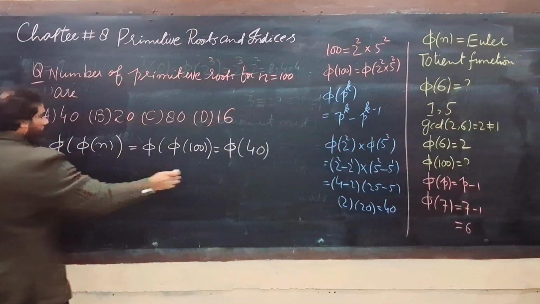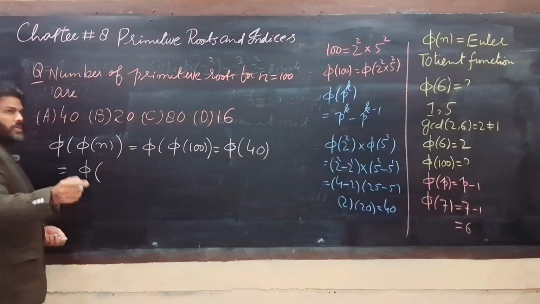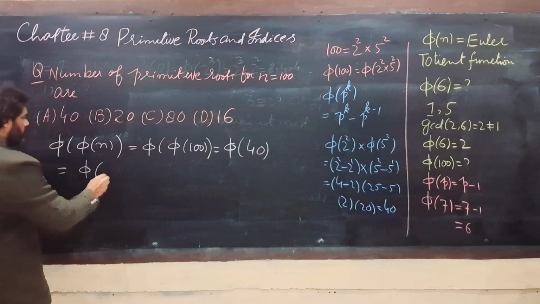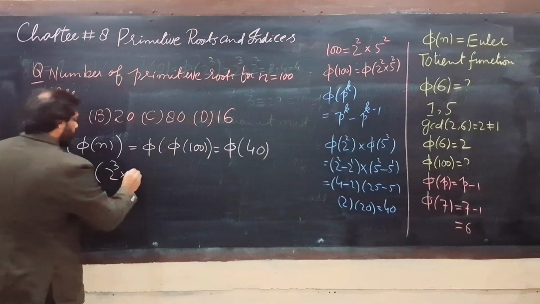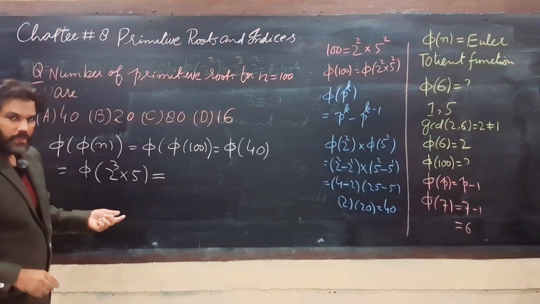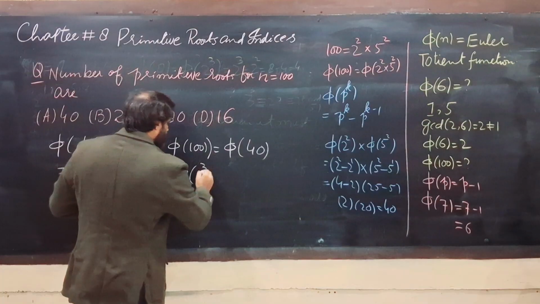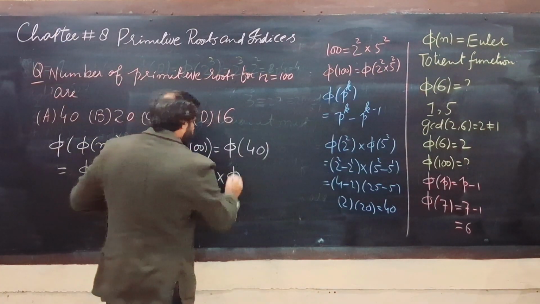We will make the prime factorization of 40. The prime factorization of 40 is 8 into 5, that is 2 raised to power 3 into 5. Again, using the multiplicative property of phi, you can write it as phi of 2 cubed into phi of 5.